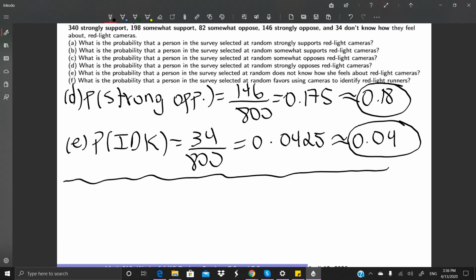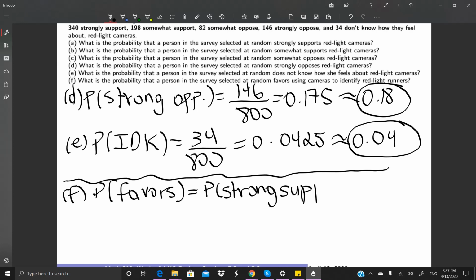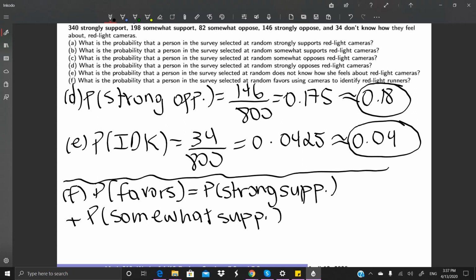So if we're trying to figure out the probability, so this is F, that a person favors these red light cameras, then you'd say that that's the probability of strong support plus the probability of somewhat support. Right, so the key in answering this question is just knowing what favor means.